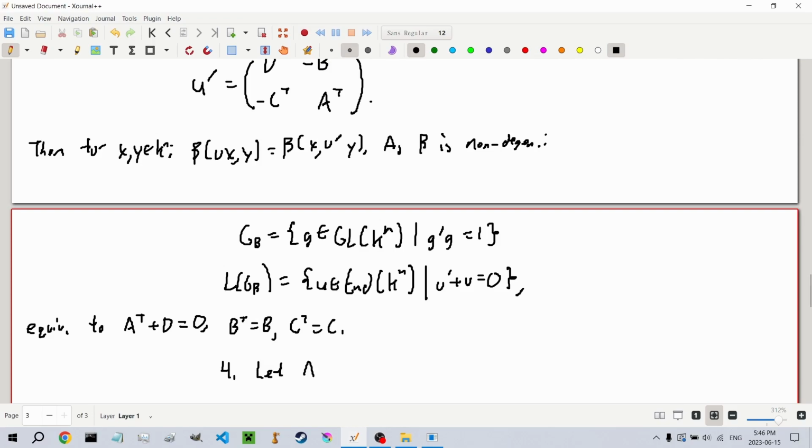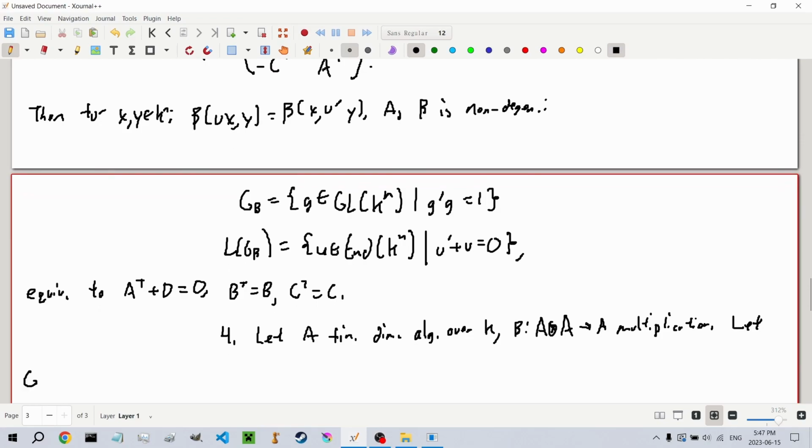Let A be a finite dimensional algebra over K and beta B. Now if A transfer A into A be multiplication. Let G be G of A. Then the following are equivalent.